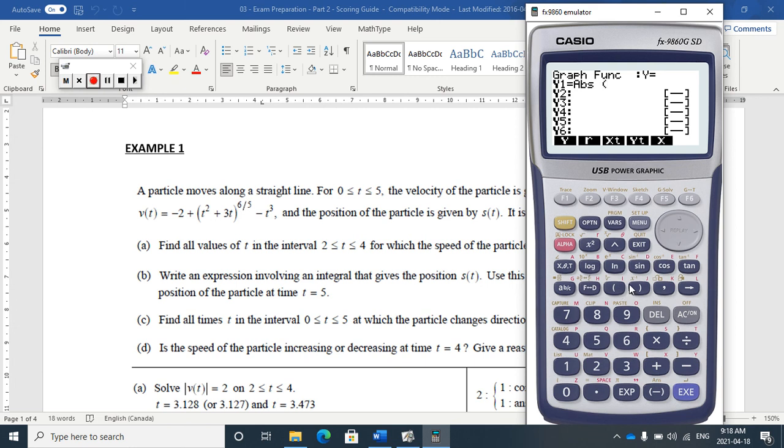Again, if that's confusing at all, just graph the whole function as is. Don't do the absolute value. But because it's asking for speed, look for when the speed is 2 and also when it's negative 2. And then you get the same answers as me. Absolute value. Okay, so here comes the function negative 2 plus x squared plus 3x. Close that bracket, then do an exponent.